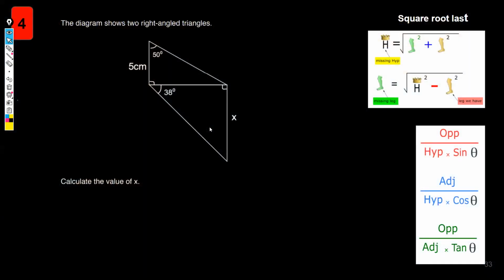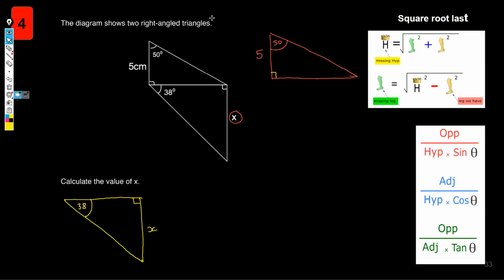All right, so here's a question that we need to try. Two triangles squished together. The examiner is only interested in finding the value of this length here, x. Right, so let me see what you come up with. So if you notice, I drew the top triangle over here.